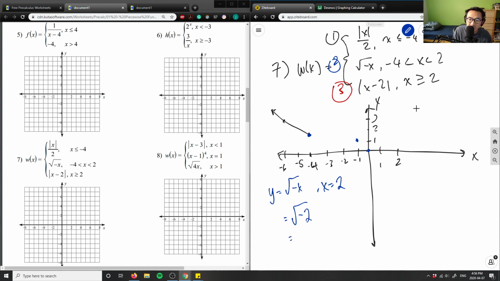And this would actually give us an error on our calculator, because this is not a real number. This here is a complex number. We're going to talk about complex numbers more in a later video. But for now, in the real plane or in our graph, it means it doesn't exist. So anything that's greater than 0 does not exist. So there's actually not even a hole, there's a big gap between 0 and 2. So I can only plot from 0 to negative 4 in this case.